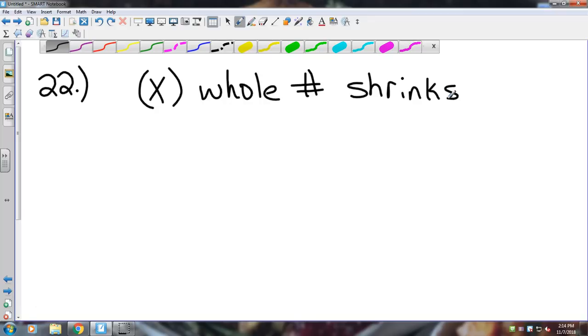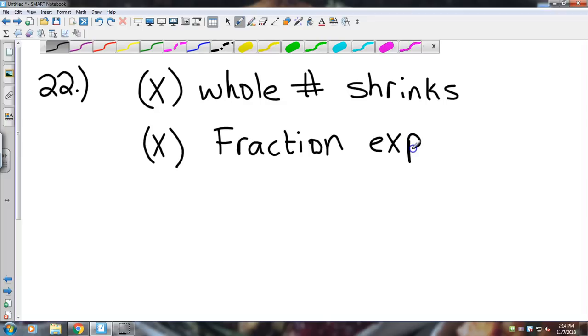Okay, if I multiply by a fraction, it actually expands. If that were 1/2, it would actually expand by a factor of 2.